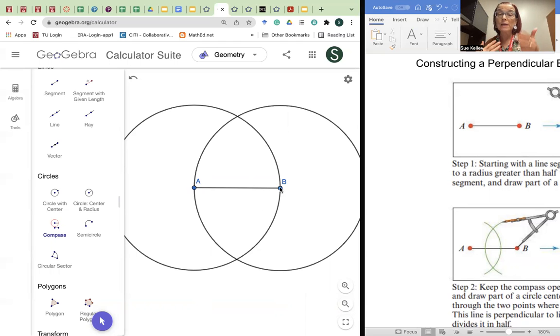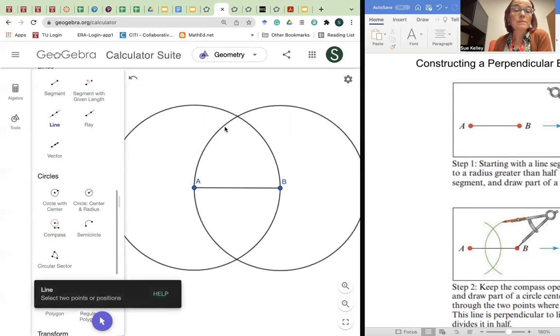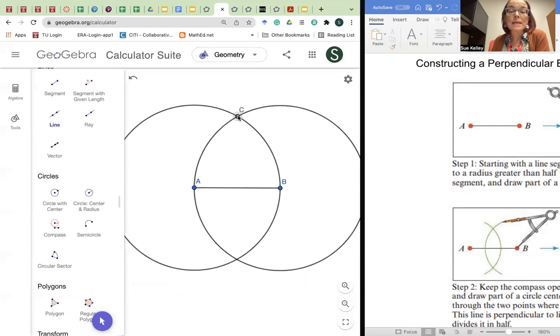And we also want the line, the bisector, to be perpendicular. So if we now draw a line or a line segment, doesn't matter, with points at this intersection point at the top and at the bottom, we will now have a perpendicular bisector.